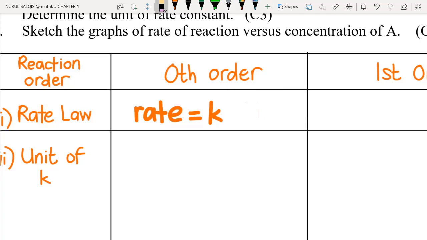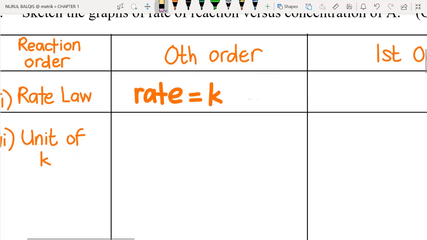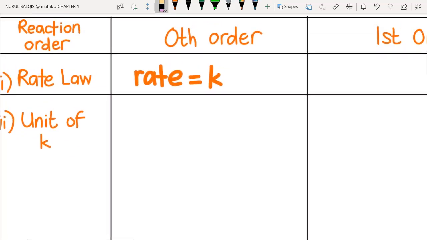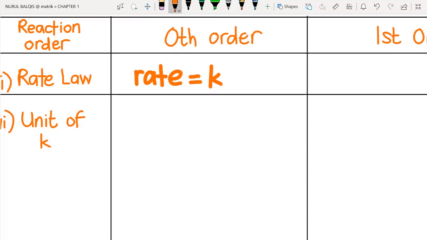From rate is equal to K, we need to find the unit for the rate constant itself. In order for you to get this unit of K, we need to know the definition of rate of reactions. So rate of reactions is basically change in concentrations divided by time.